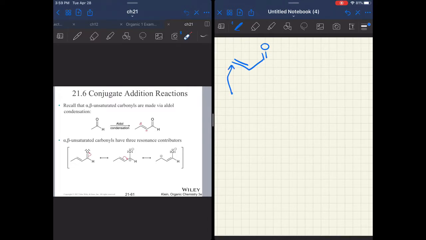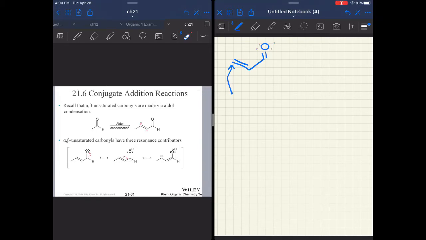But we're going to focus on this position right here. We've been adding to the alpha position, and so we're going to look at an example of how we might manipulate or add to the beta position. It's got some interesting chemistry because of resonance. We already know that the carbonyl carbon is electrophilic, right? It's directly attached to oxygen. That's very electron withdrawing.